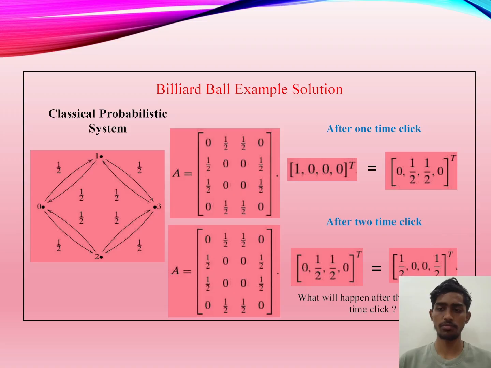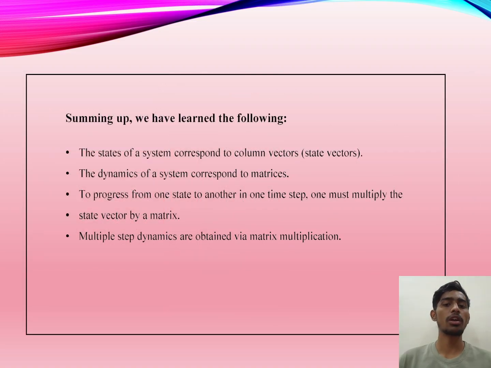Now let us summarize what we have studied in the classical probabilistic system. We have learned the states of the system corresponding to column vectors.